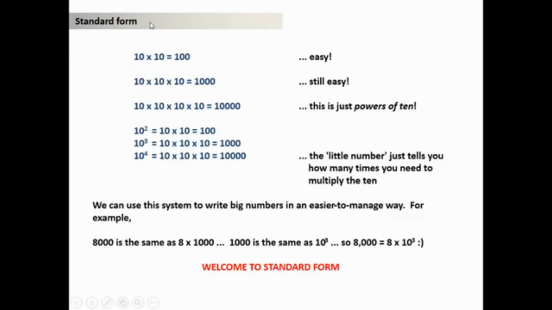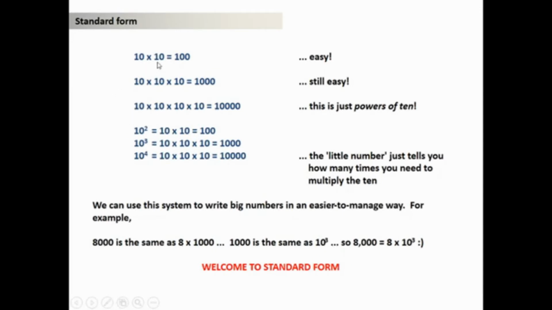When we say 100, 100 is 10 times 10. 10 times 10 times 10 is 1,000. 10 times 10 times 10 times 10 is 10,000. It's still manageable, but it gets crazy when it gets bigger and bigger. So we decided we write this, instead of saying, it's just basically the powers of 10.